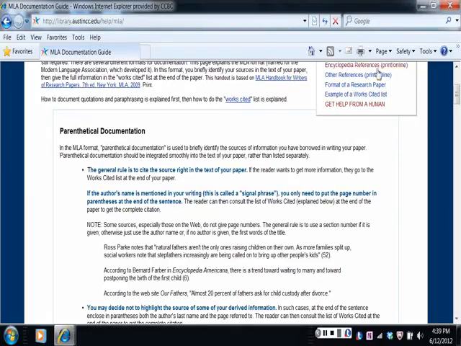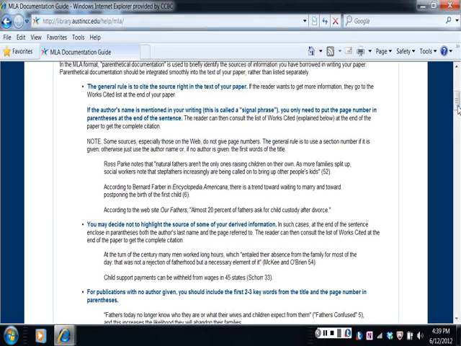Now, the usual rule is that if you have the author's last name, in MLA documentation, you use the author's last name and the page number. You'll only have the page number if it's a print source or if your source appeared elsewhere in print.